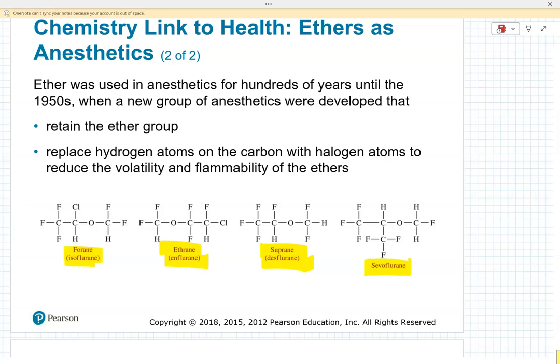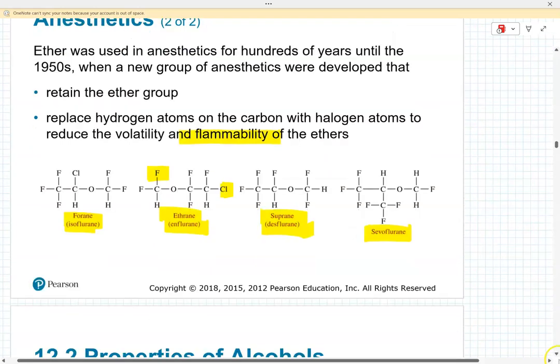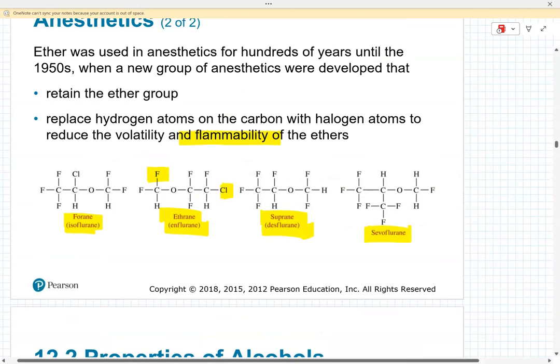But you can see that hydrogens in these molecules are replaced with either fluorine or chlorine atoms. That makes sense? This makes them indeed less volatile, and it makes them non-flammable. The only problem with isoflurane, I worked with it, the anesthesia doesn't last long.